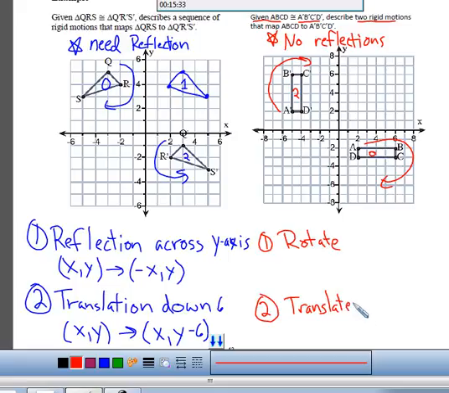What I want you to do on your own is figure out how many degrees you're going to rotate, and how many spaces you're going to translate. See if you can come up with a rotation and a translation that gets A, B, C, D to A prime, B prime, C prime, D prime. If you don't know, guess. Just try to guess something.